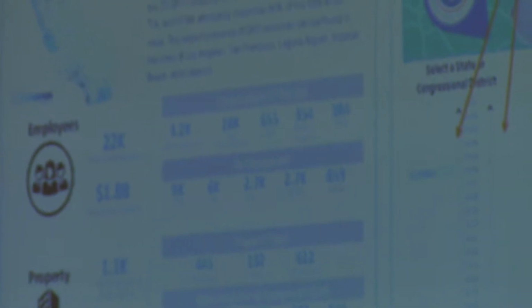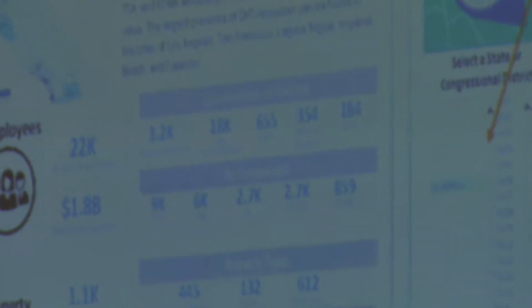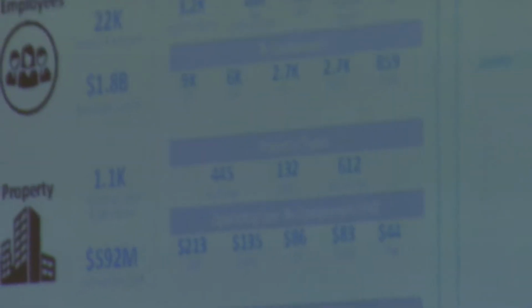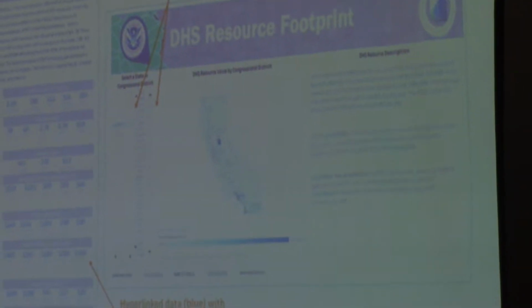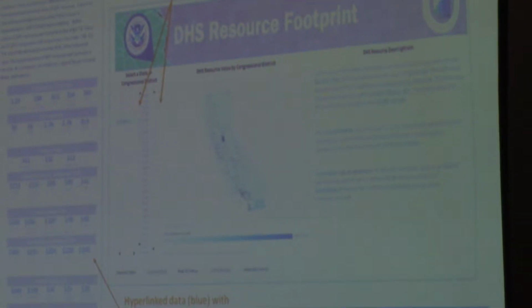So we can organize this data by job series codes, missions, obviously organizationally, by our components. On the right-hand side here, it shows the ability to drill into that data by state or congressional district and have those defined boundaries that are published, and have the data in our various layers organized by these geographic boundaries.